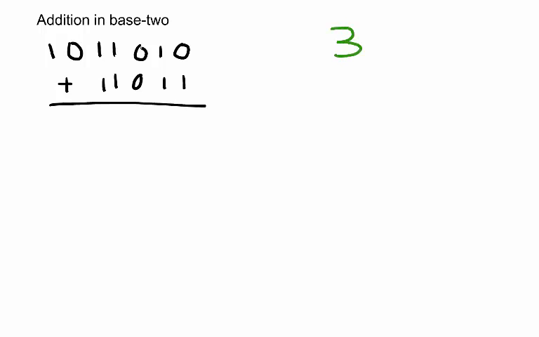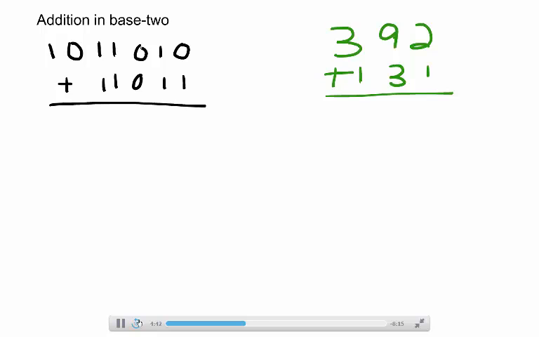Let's suppose we have 392 plus 131. If I wanted to add these two numbers together, I know that 2 plus 1 equals 3, and I know that 9 plus 3 equals 12. But we don't write 12 here. We all know that we need to carry a group of 10.